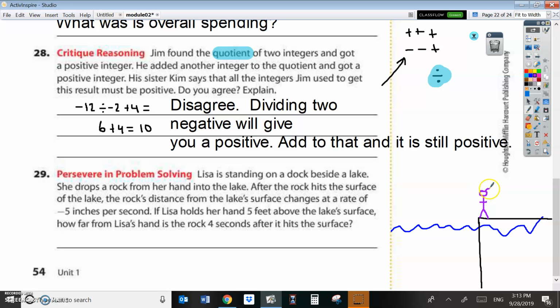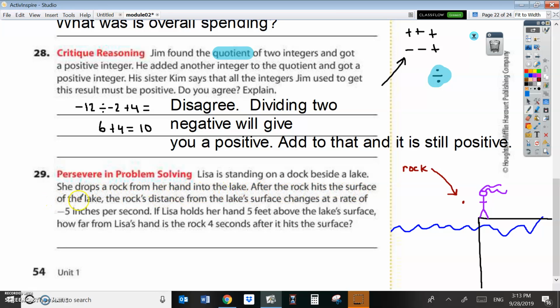And has very pretty hair. And then she drops a rock from her hand into the lake. Let's draw the rock. It's going to be this color of a rock. So right here is the rock.